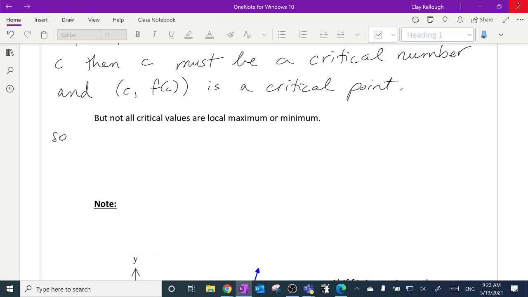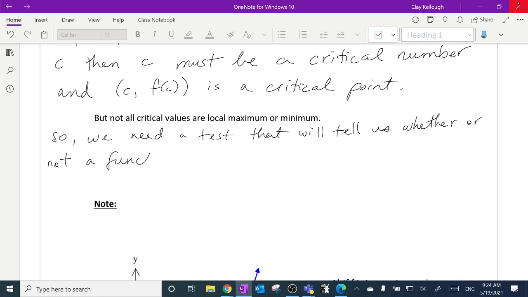Mathematically, we will say that we need a test that will tell us whether or not a function has a maximum or a minimum at a critical number.